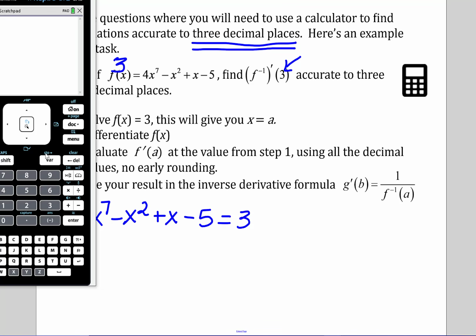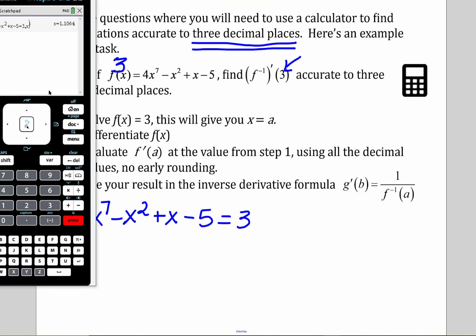and I can use that to solve. So this has a solver, and we can enter 4x to the 7th minus x squared plus x minus 5 equals 3, put comma x so it knows what we're solving for, and we have this value.